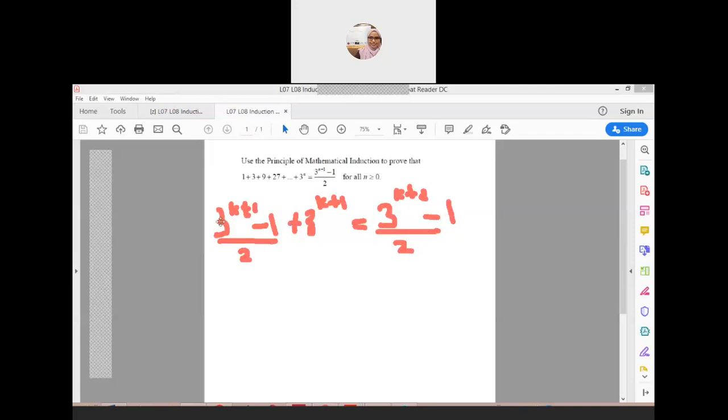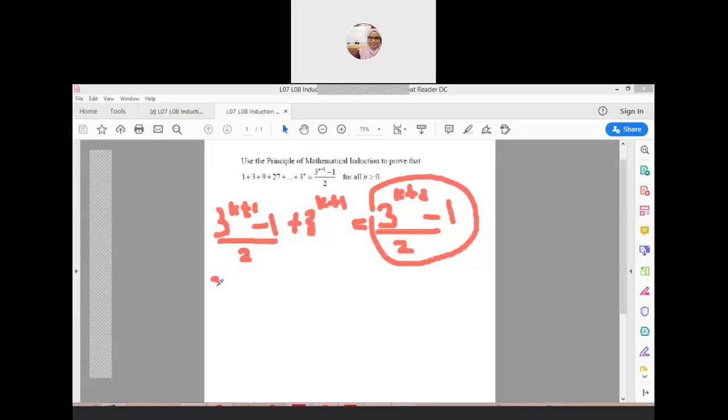Okay, so now we have to simplify this. How to simplify this? From here we know that, okay, here is done. So now our task is to simplify this to become this in the circle here.